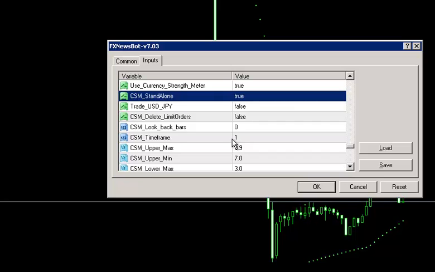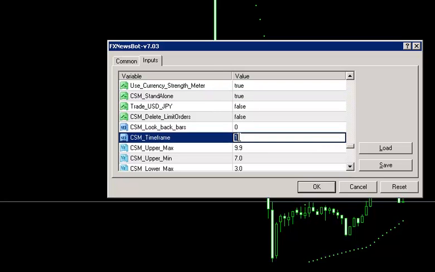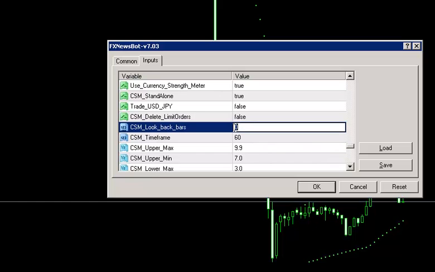For example, say I put this at 60, and then say I put this at 24. It would look at the last 24 bars on the 1 hour time frame, and then it would look at the high and the low and current price action, and then it would calculate a strength or a weakness for an individual currency.